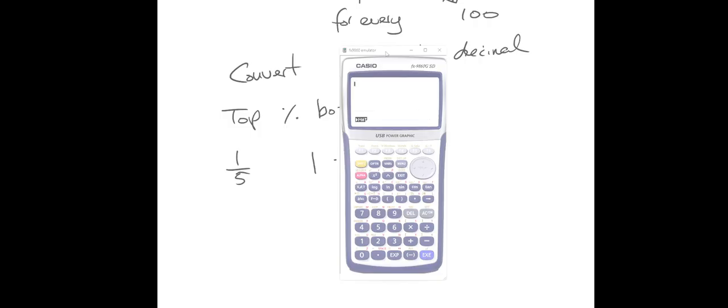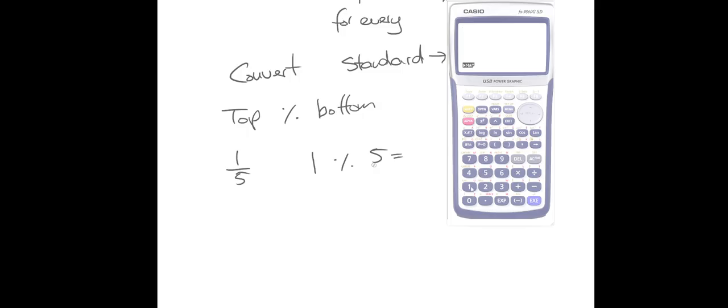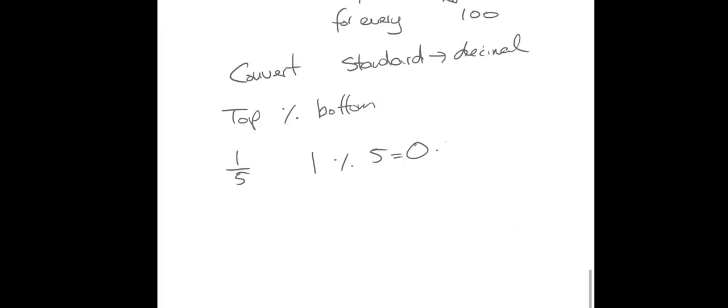I'm going to use this calculator. This is the most common calculator that a lot of students have. There's a couple of ways we can do this. We can just say 1 divided by 5 equals 0.2. Okay, that's one way of doing it.